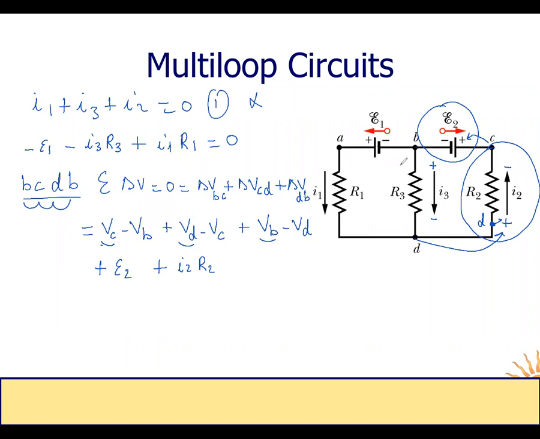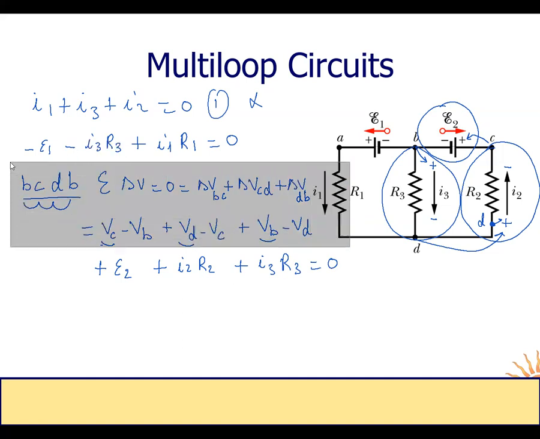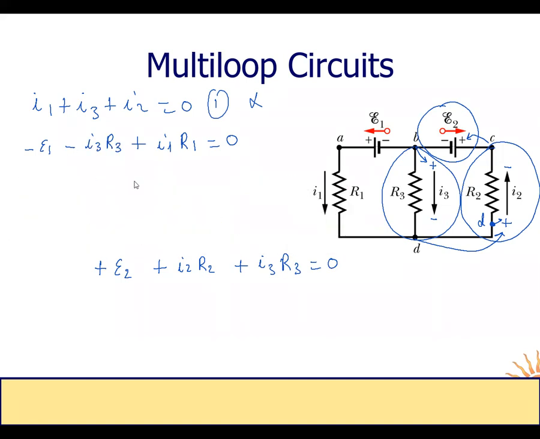Delta V DB: DB is at the resistance R3, B is at the positive side, so we have plus the voltage, equals 0. This is the third equation.